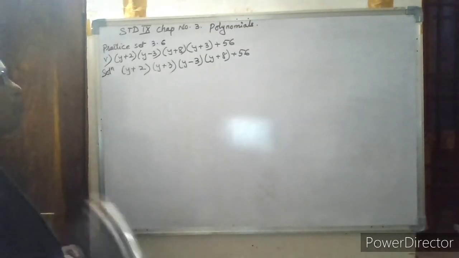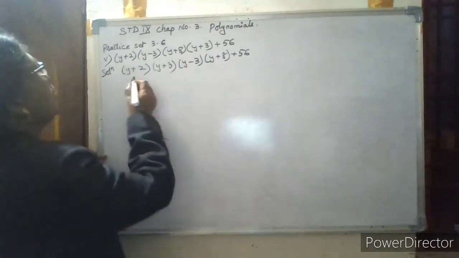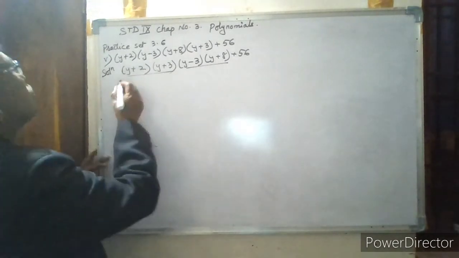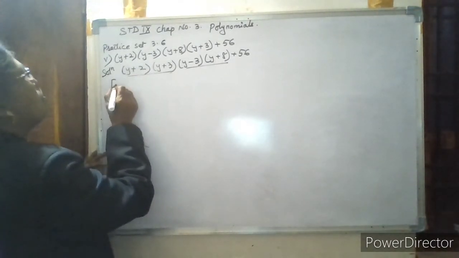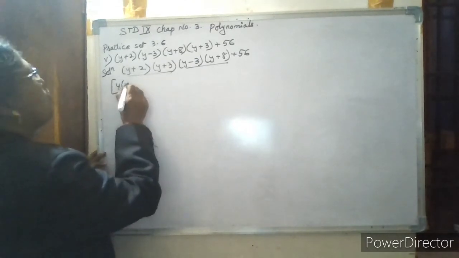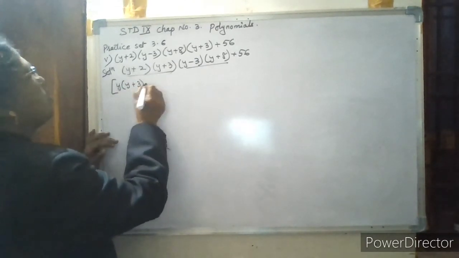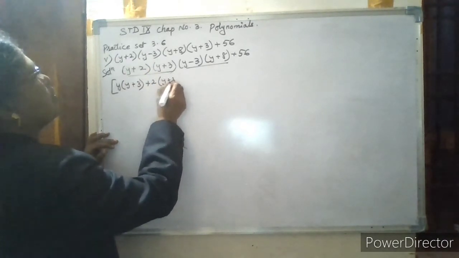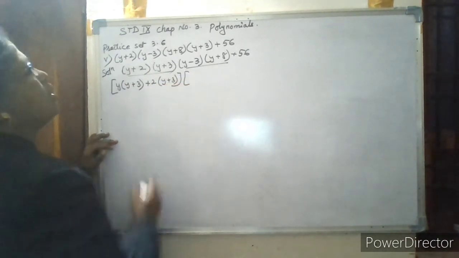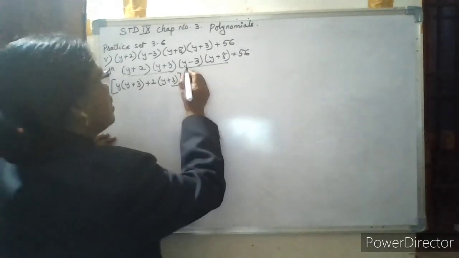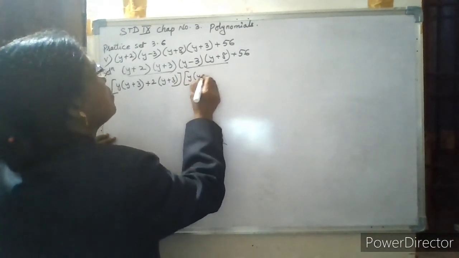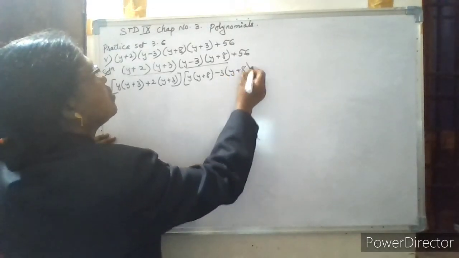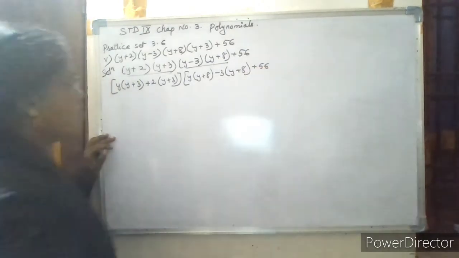Now here, see, we have got two binomials, a product of two binomials. So you multiply this: y into y plus 3, then plus 2, binomial into binomial, into y plus 3. Into here again, the next factor, we will take y into y plus 8 minus 3 into y plus 8, plus 56 as it is.